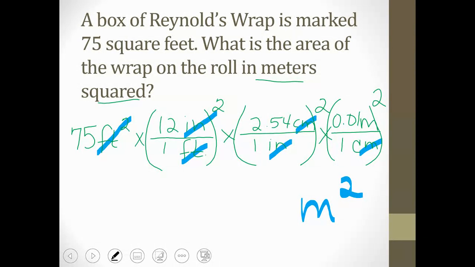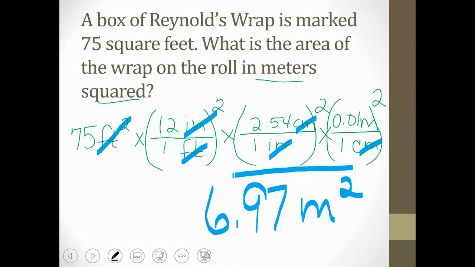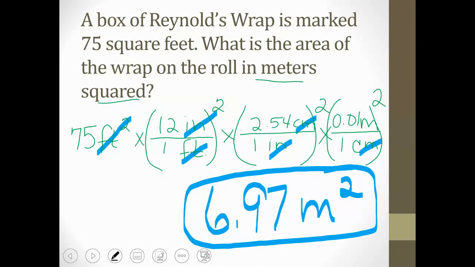Try that in your calculator, because every once in a while people are going to use the squared, they need to use parentheses. It depends what kind of calculator you have. And I got 6.97 meters squared.